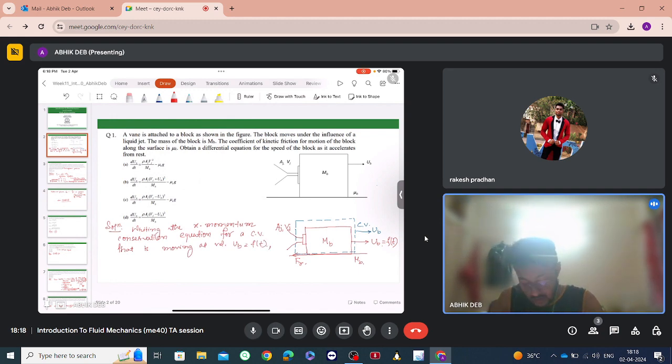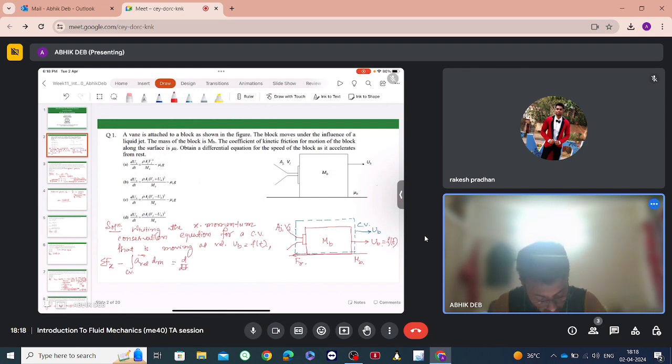So the sum of the forces in the x direction minus a component, a relative acceleration and dm. This component will come because the control volume is accelerating.